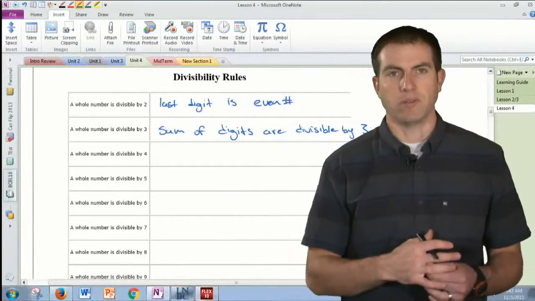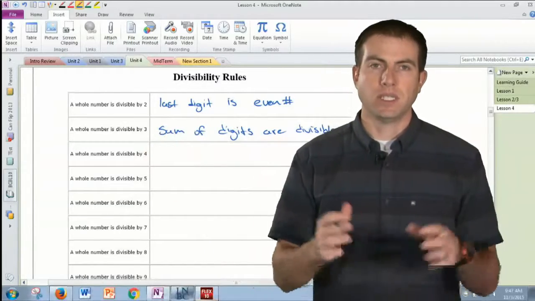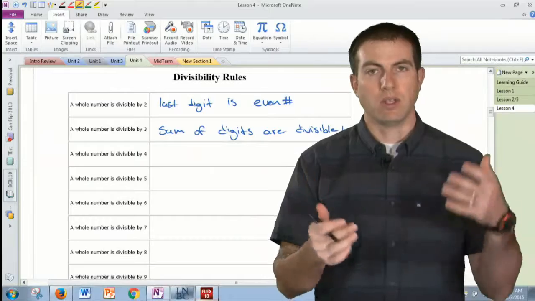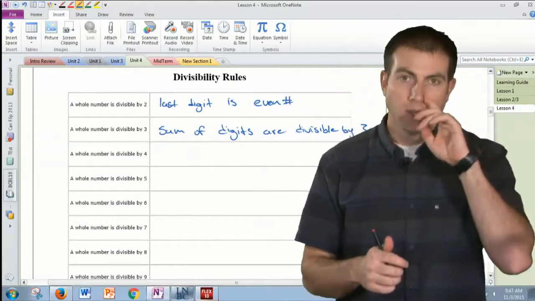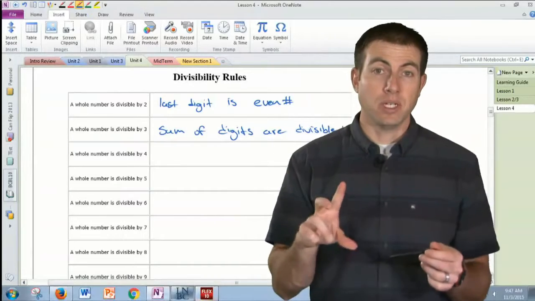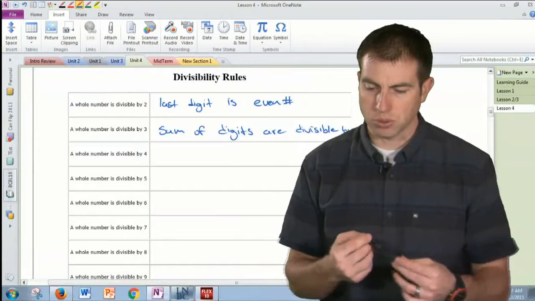It's kind of a weird one. If you had a really big, long number, maybe 6 characters long, like 373,422, and you added all those digits together and they divide by 3, then the number is divisible by 3. Kind of a strange rule.